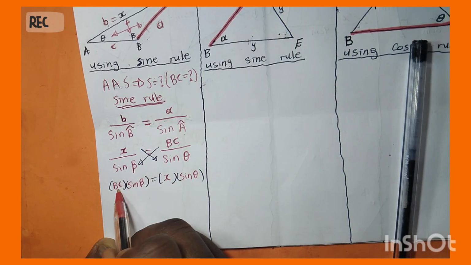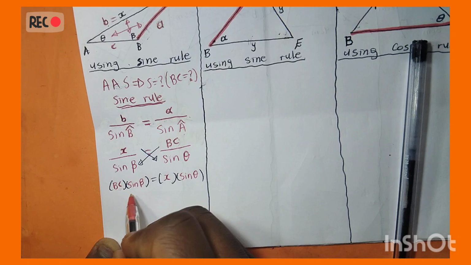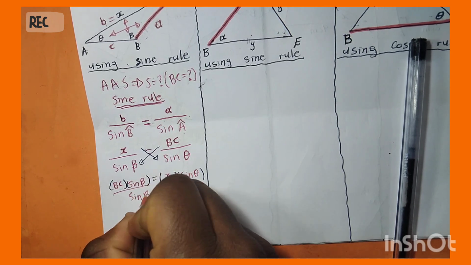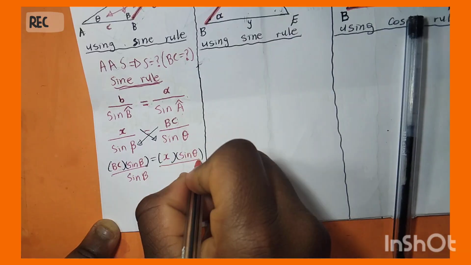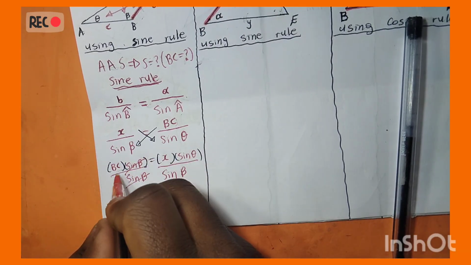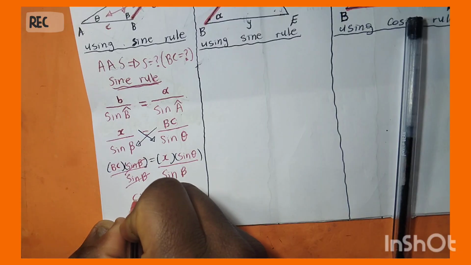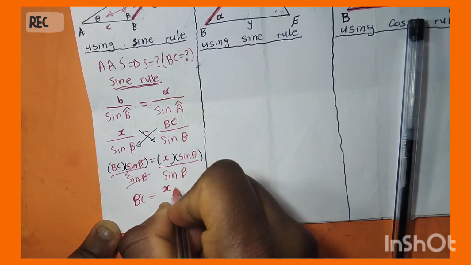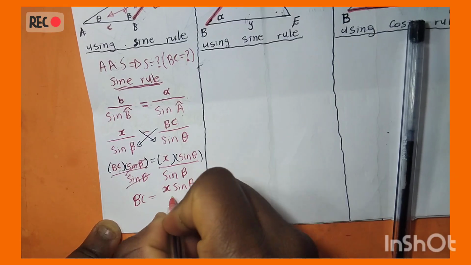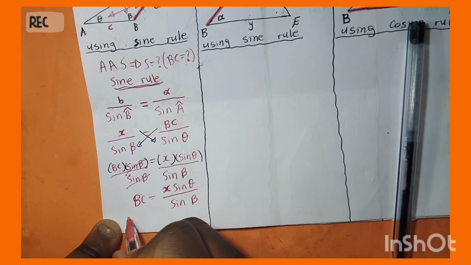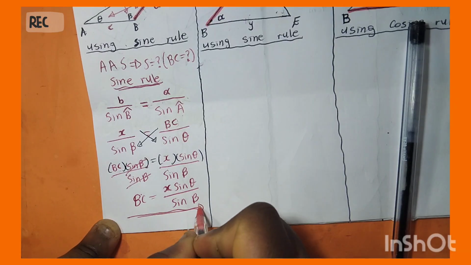I want to make BC alone. What is in front of it? Obviously, divide both sides by it. You divide by this thing on both sides. So right here it gets cancelled. That BC now will be alone, just like this. BC will be x sine alpha divided by sine beta. Do you see? So this one, guys, is the final answer.